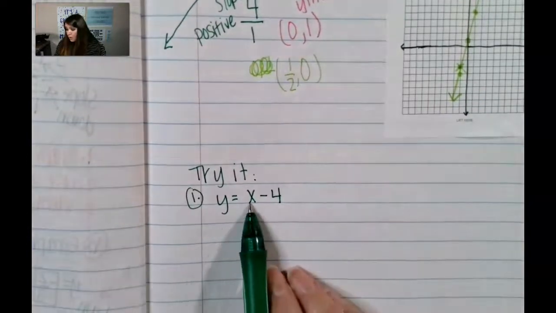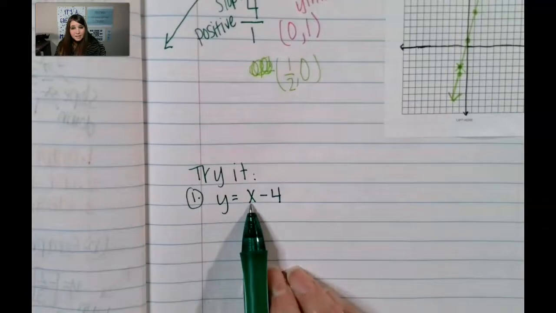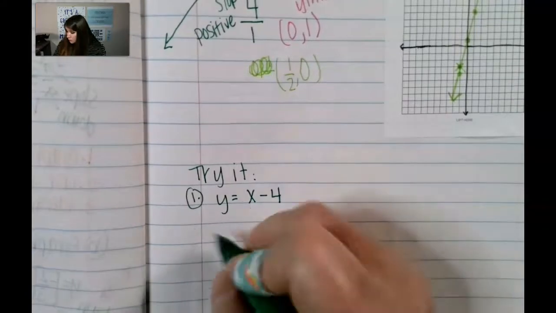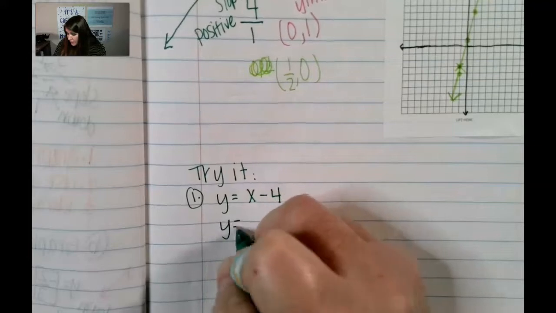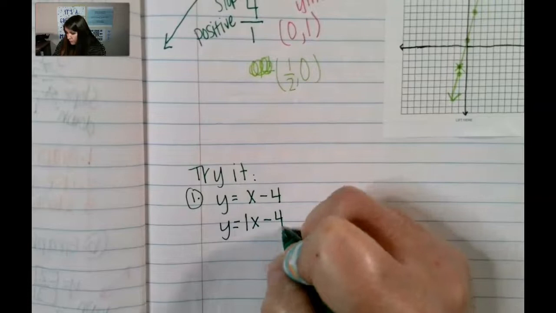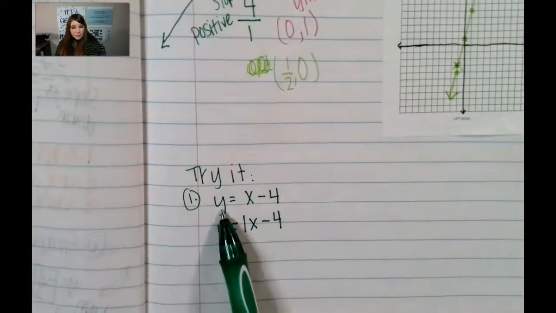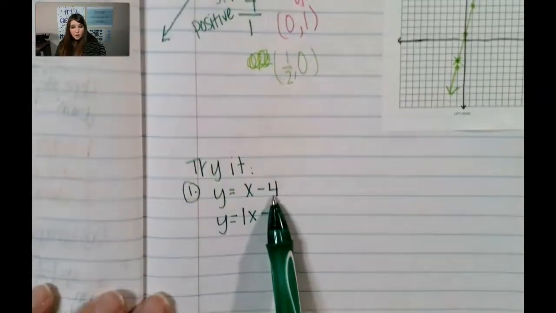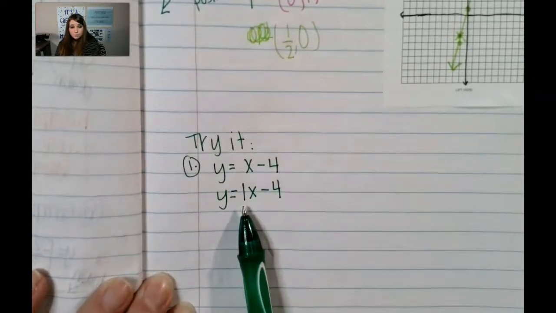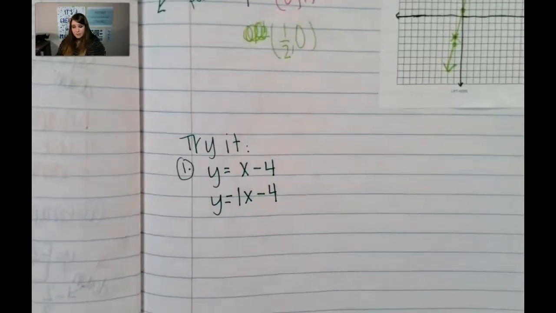Remember that when you have an x that's all by itself, the 1 is invisible in front of it. So really this is like saying y equals 1x minus 4. I want you to have this example so you know to put the 1 in there when it's invisible. Go ahead and graph this and then hit play when you are ready.